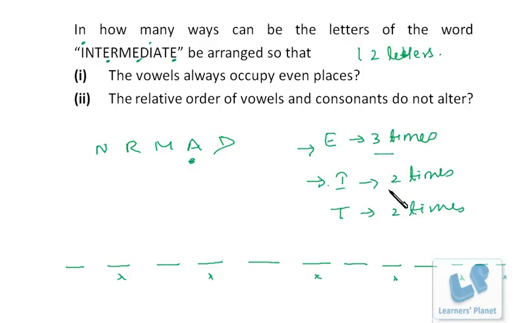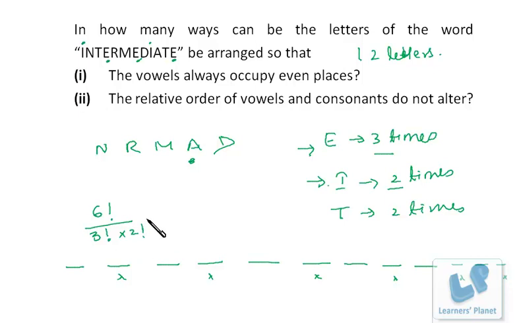And we are having 3 plus 2, 5 and 1, 6 vowels, right? So all the 6 positions will be filled up by 6 vowels, right? Now 6 vowels on the 6 positions can be arranged in 6 factorial ways. Now E is repeated 3 times, so I would divide by 3 factorial. Then I is repeated 2 times, so I would divide by 2 factorial.